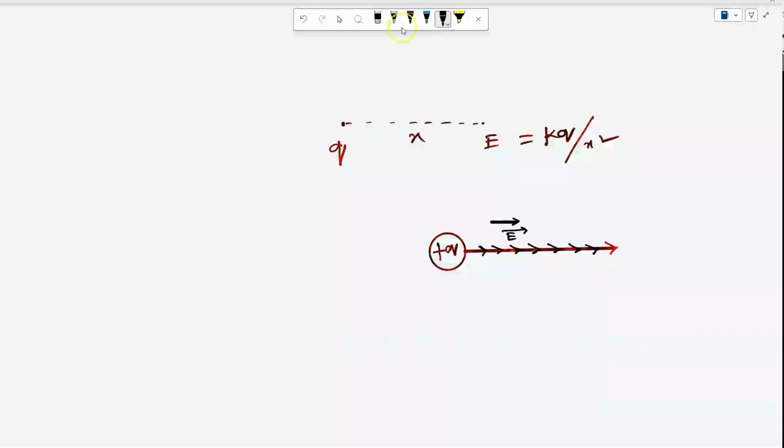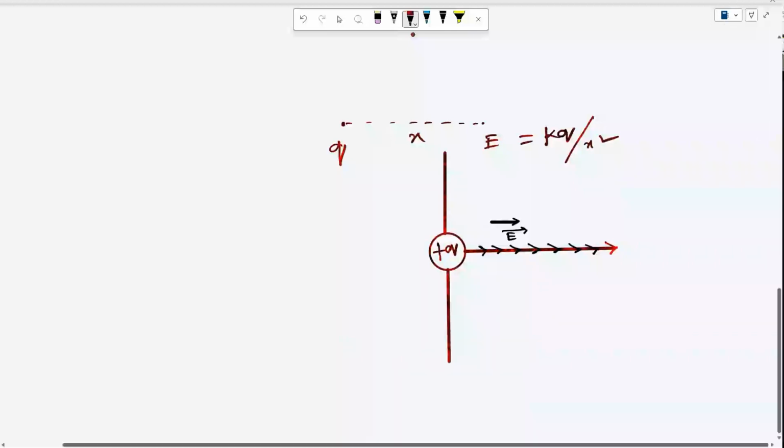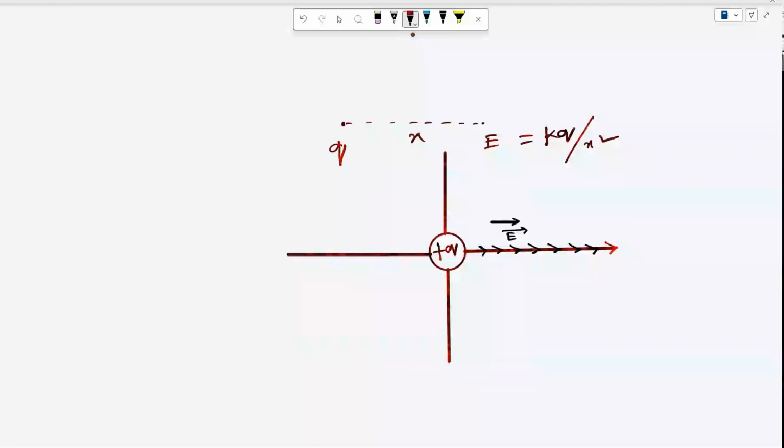Now what we are going to do, we will plot this value of electric field with distance x from origin. This is the origin. We'll draw a two-dimensional coordinate system, and then we'll find how this graph can be plotted.